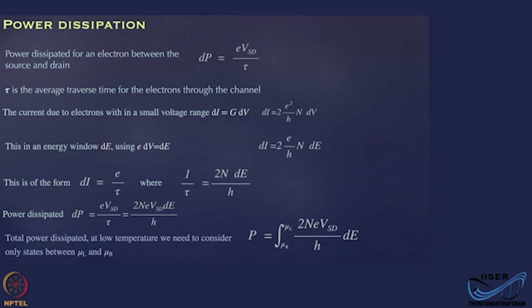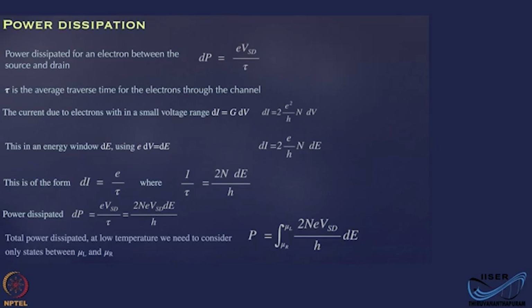So let's consider that we have applied a voltage VSD, and the time tau is what the electron takes to start from the source and end at the drain under this voltage. So the power dissipated for the electron between the source and drain, dP, is this energy divided by the time taken, tau: eVSD by tau.